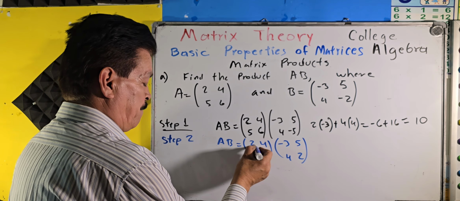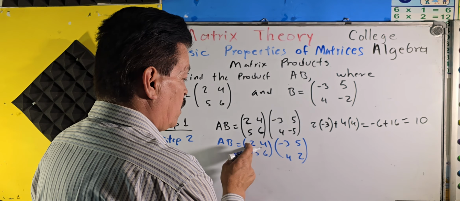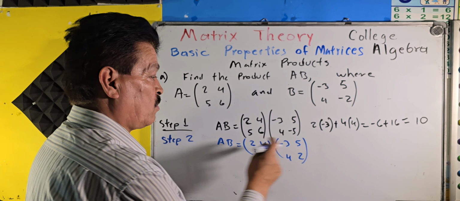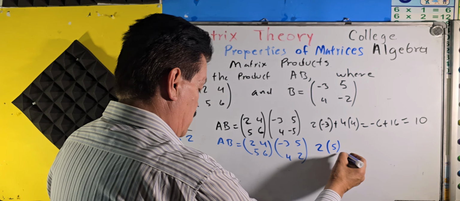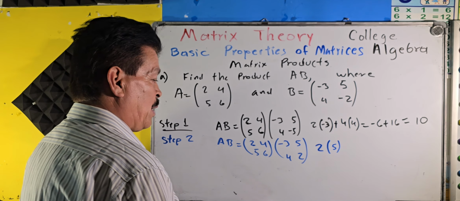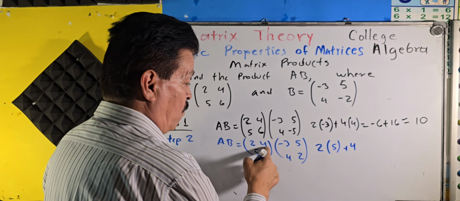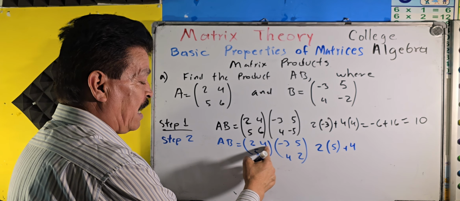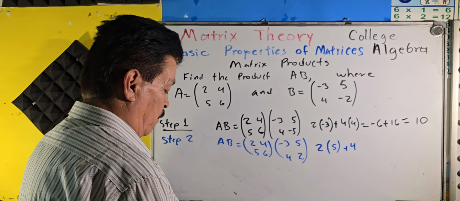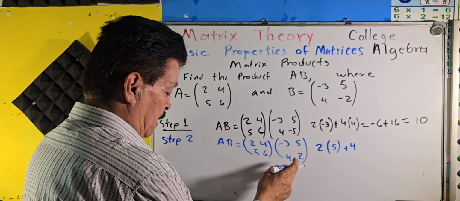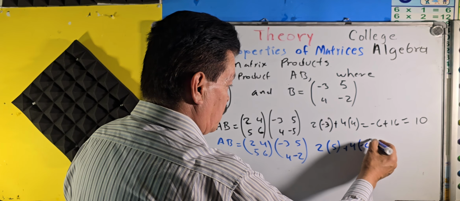So here it is 2 times 5, plus 4 times negative 2.